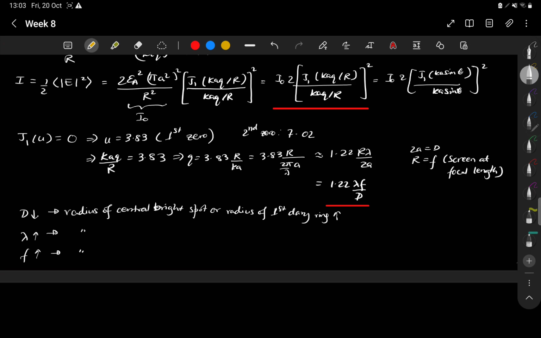So after the aperture, we place a lens, and the screen is at the focal length of the lens. That imitates the situation of the screen being at infinity. So this is for Fraunhofer diffraction. For Fresnel diffraction, you won't have this. Okay, so I hope that answers.